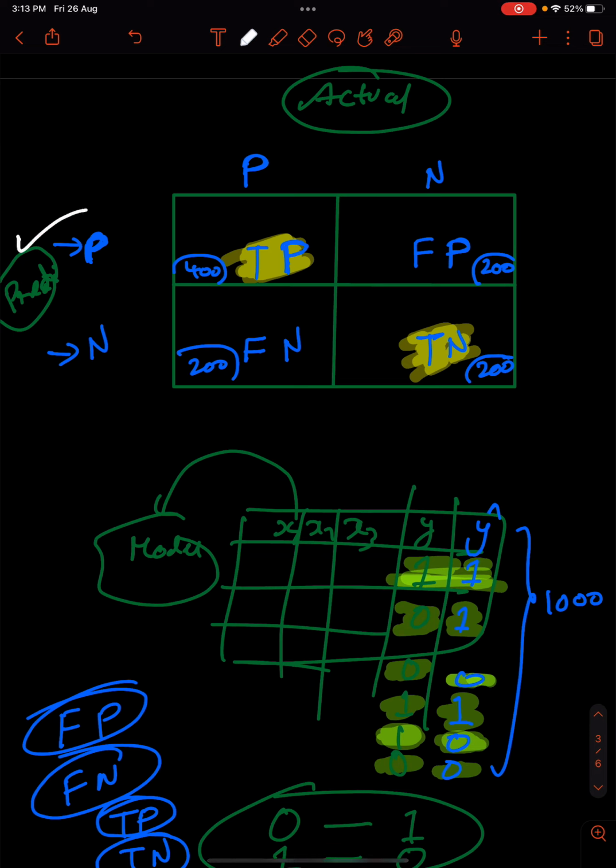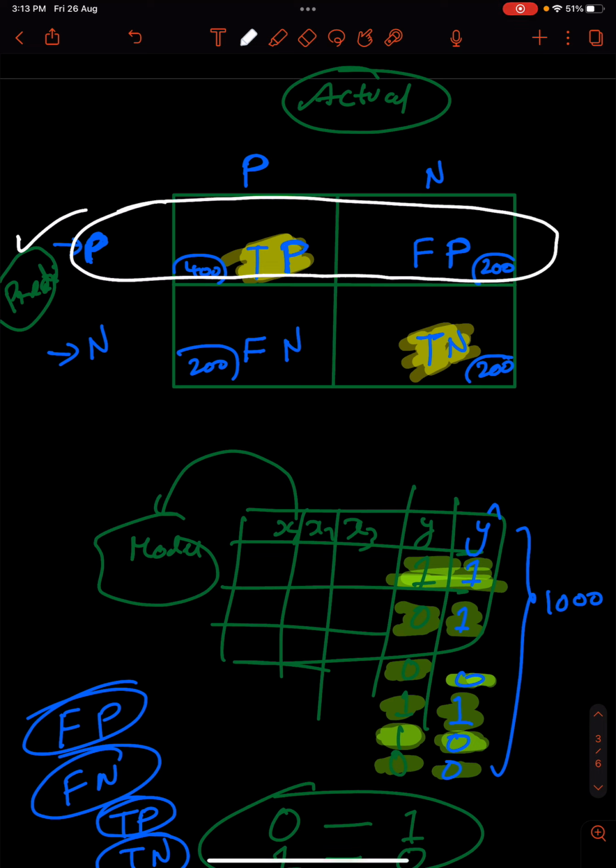The model predictions are here in the row, so think about the row. So this plus this will be in the denominator, because that is the total number of positives: true positive plus false positive, the total number of positives predicted by the model. In the numerator, it will simply be the correct predictions, that is true positive.